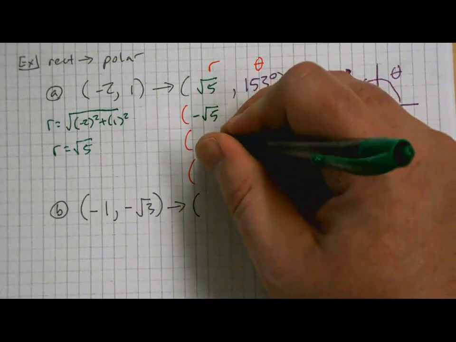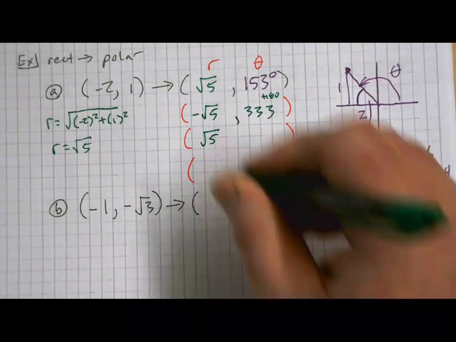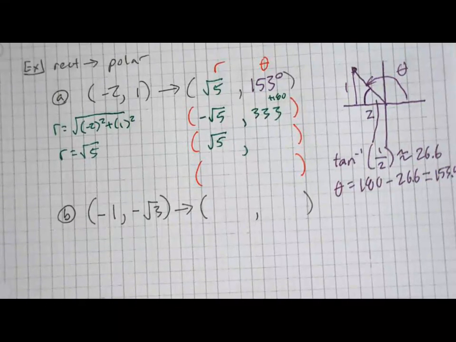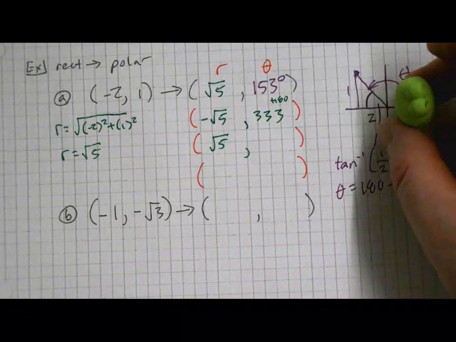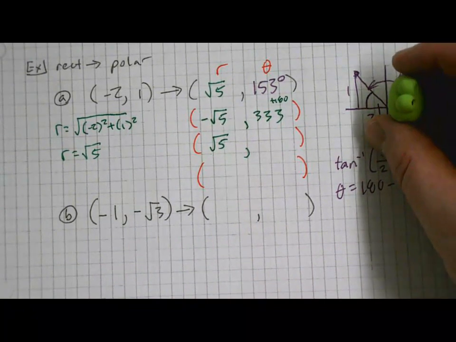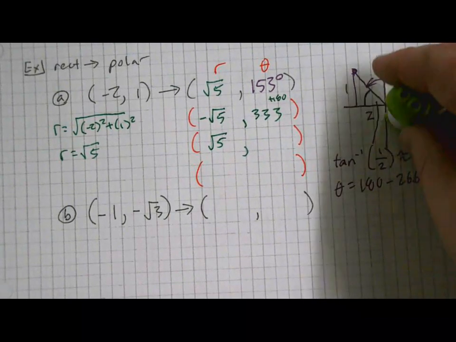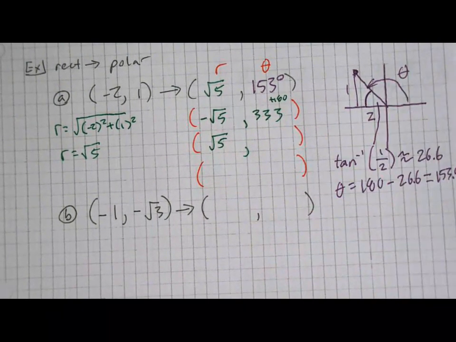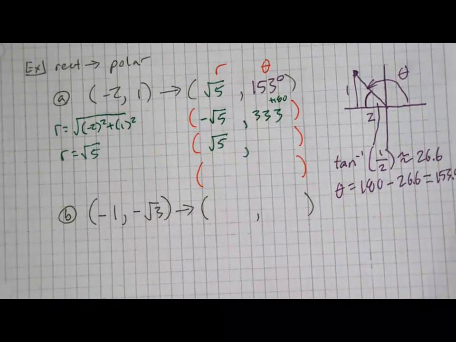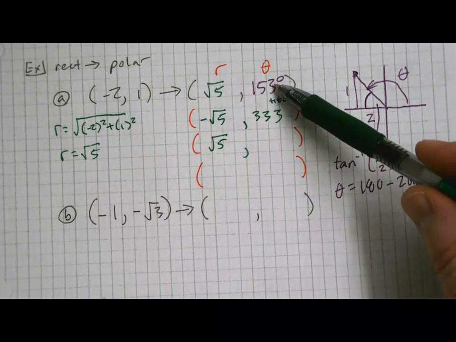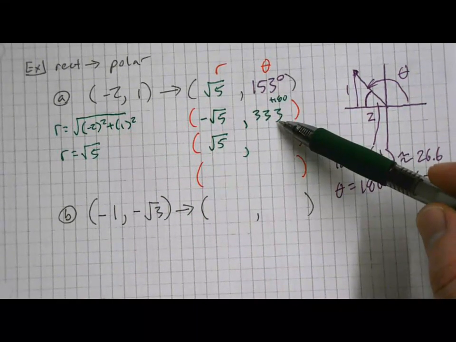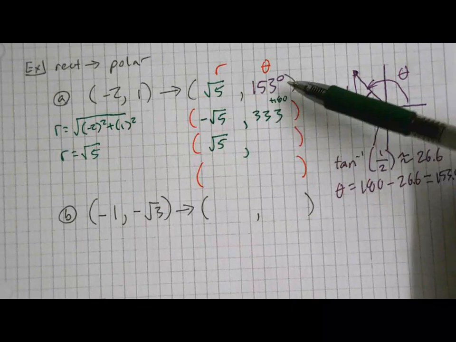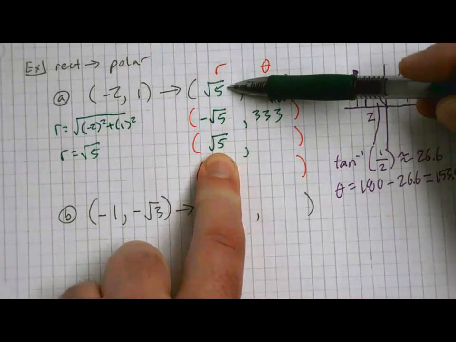What if I wanted a negative angle, a positive R value with a negative angle? Froggy doesn't want to turn to the left. He can only make right-hand turns. So how far does he need to turn to the right to get all the way around and be facing in the correct direction? I will go back to the original, because this is the direction that we want to be facing.